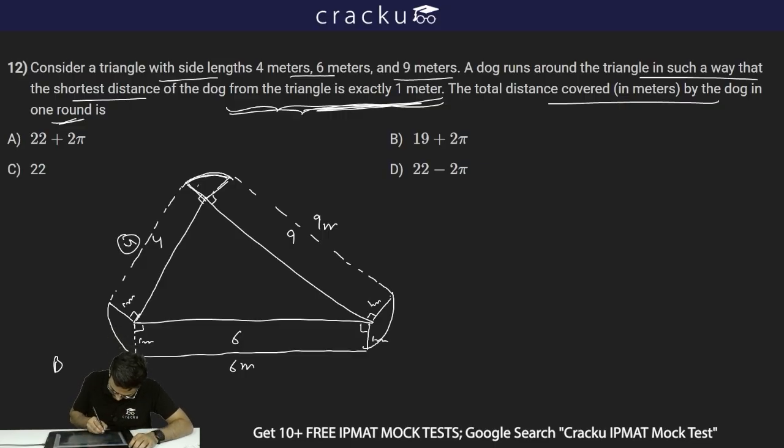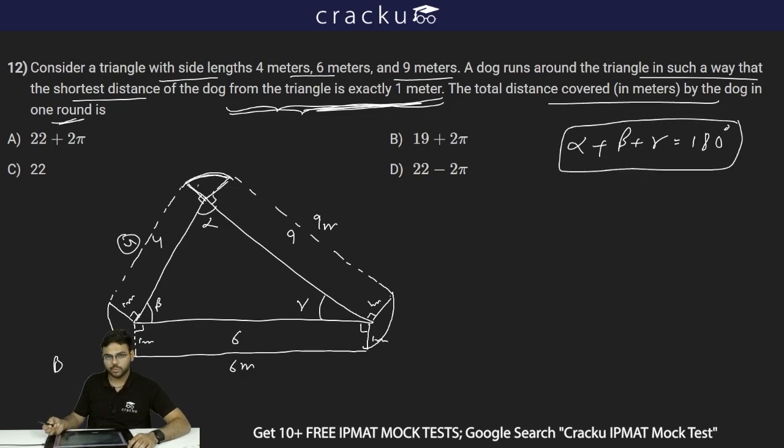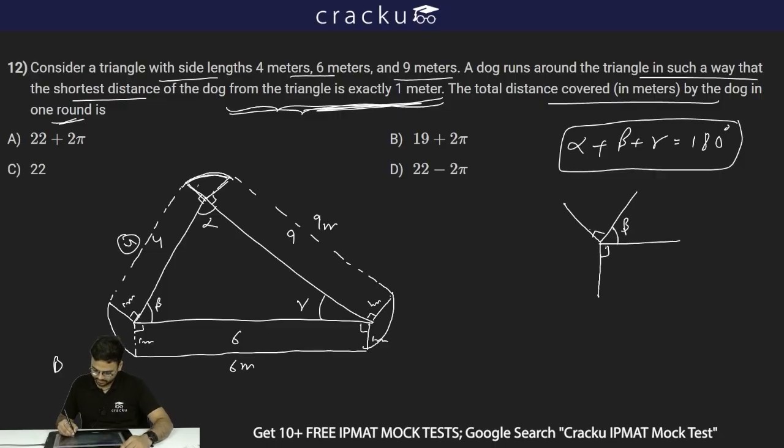So what I'll do, I'll assume this angle is alpha, this as beta and this as gamma. So alpha + beta + gamma = 180 degrees. Angle sum is a property of the triangle. Now I'll just solve for this one, which is point B. So in my diagram this is 90, this is 90, this is beta, and I have to figure out what this angle is.